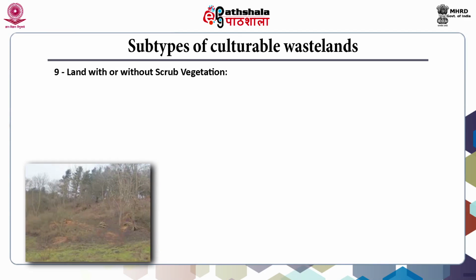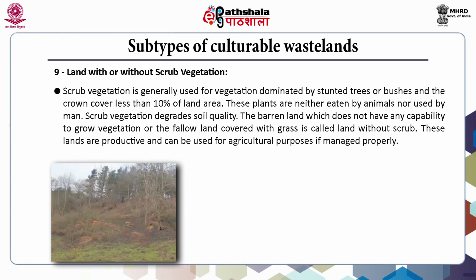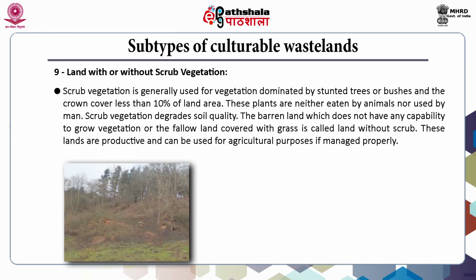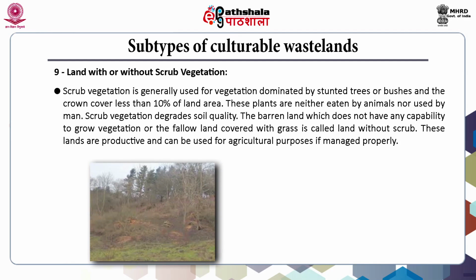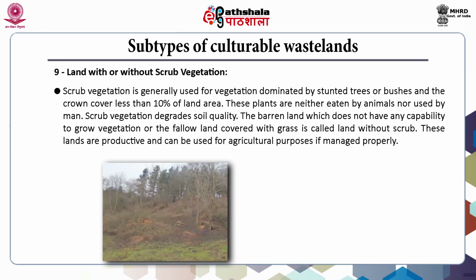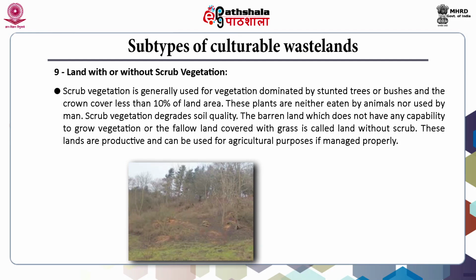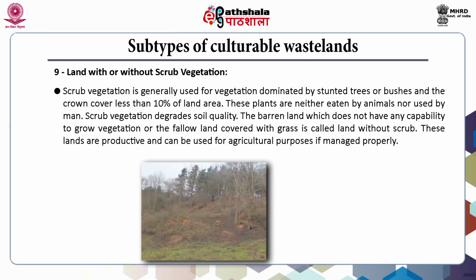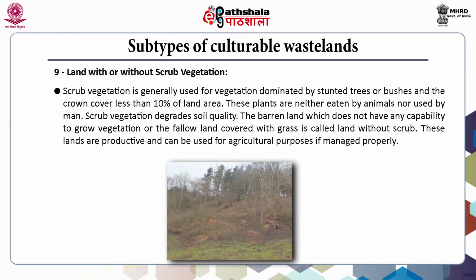Land with or without scrub vegetation. Scrub vegetation is generally used for vegetation dominated by stunted trees or bushes with crown cover less than 10% of the area, as can be seen in the picture. These plants are neither eaten by animals nor used by man.